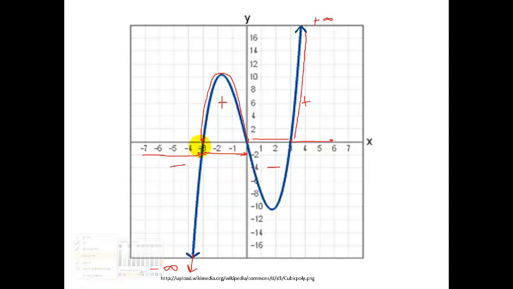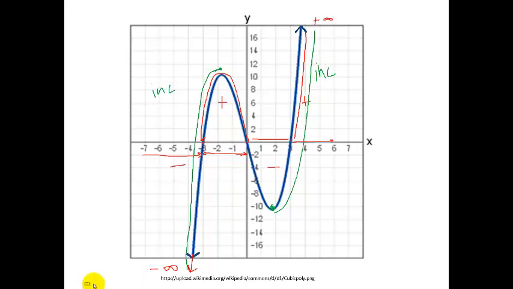I'll change color here to green. Anywhere it's going up. So from here all the way to here, it's increasing. And then again from here all the way to here, it's increasing. And then where is it decreasing? It's decreasing obviously wherever it's not increasing. So let me try orange.